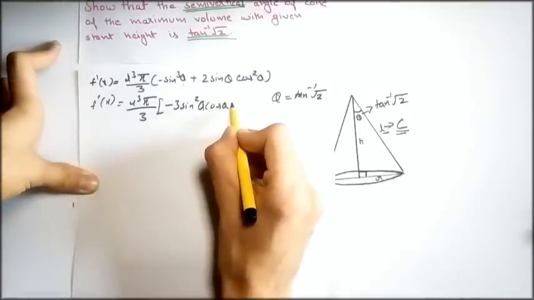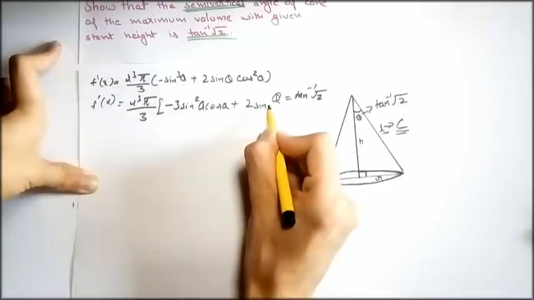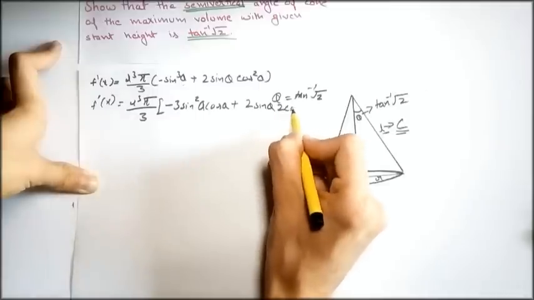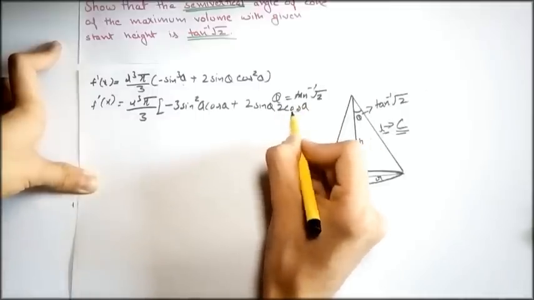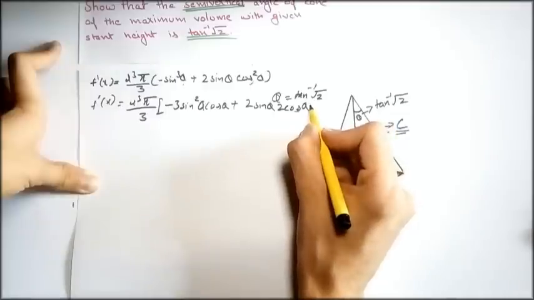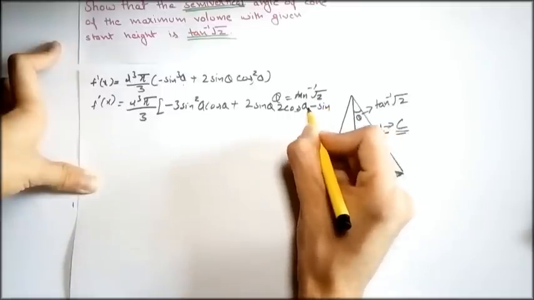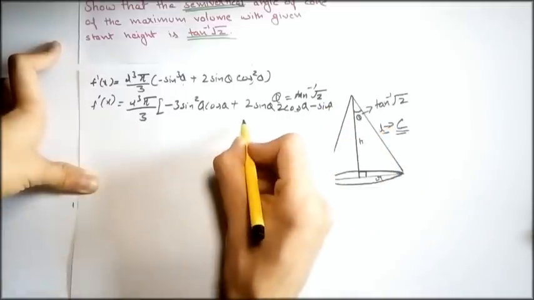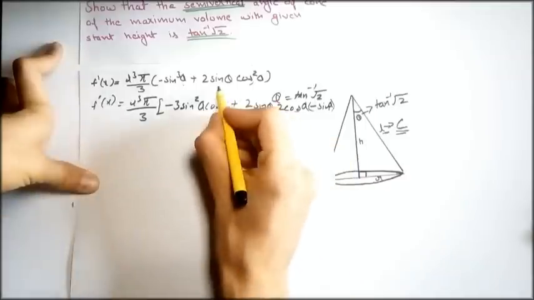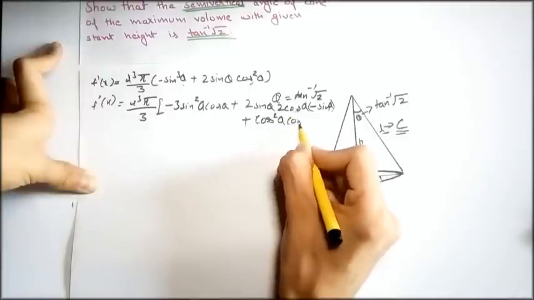After this, plus 2 sine theta, that is first function, differentiation of second function, that is 2 cos theta, and then cos theta again will be differentiated because the chain rule is applying here too, that is cos derivative is minus sine theta. And after this, plus second function, derivative of first function, that is sine theta, and sine's derivative is cos theta.